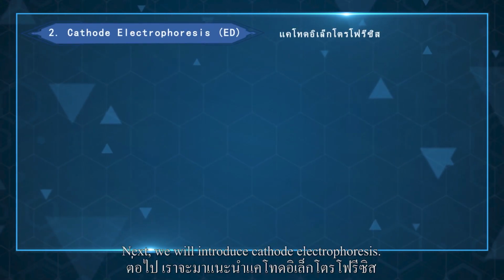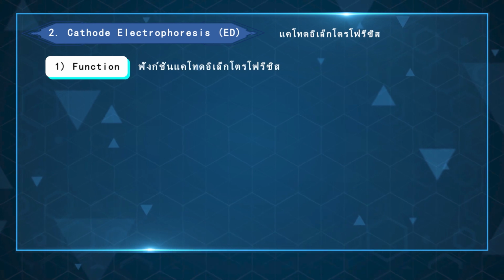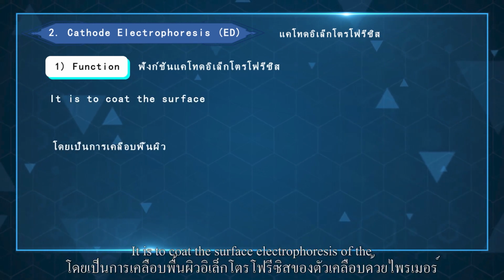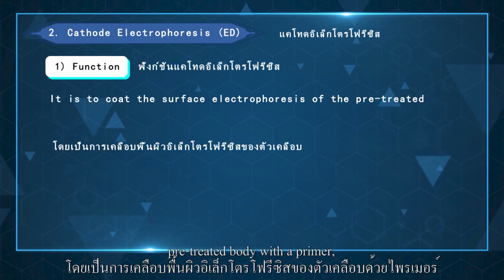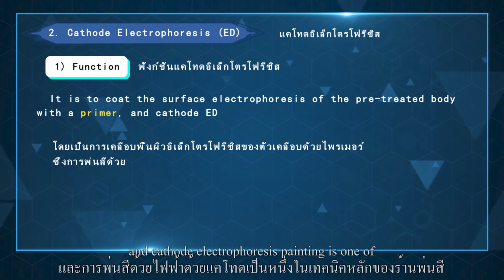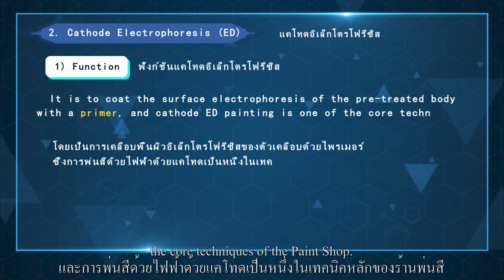Next, we will introduce the cathode electrophoresis. It is to coat the surface of the pre-treated body with a primer by electrophoresis, and cathode electrophoresis painting is one of the coating techniques of the paint shop.